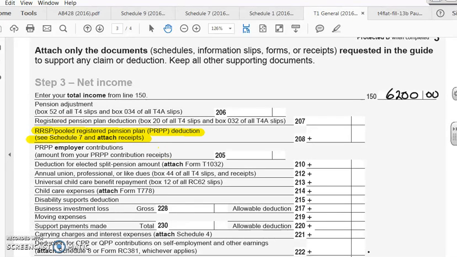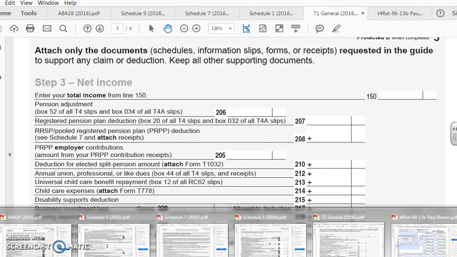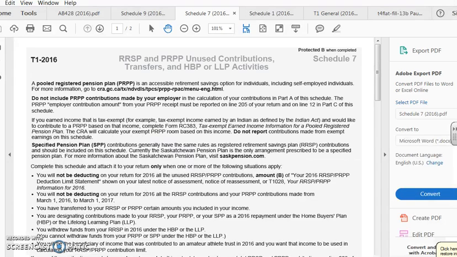He has put money into a RRSP, and for that we are going to need to complete the Schedule 7. So we're going to now move to Schedule 7, complete the Schedule 7, and then come back to this particular form.